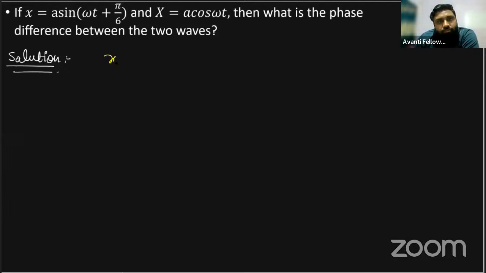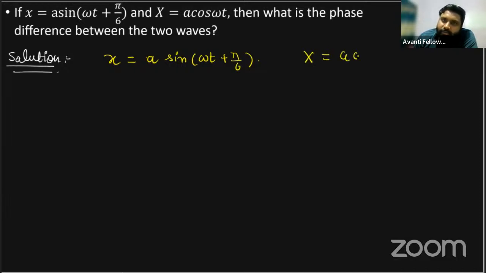Now here two waves are given to you, which are executing SHM because these equations belong to SHM. So these equations are of a simple harmonic wave. So x is equal to small a sine omega t plus pi by 6 and capital X is given to you as a cos omega t.